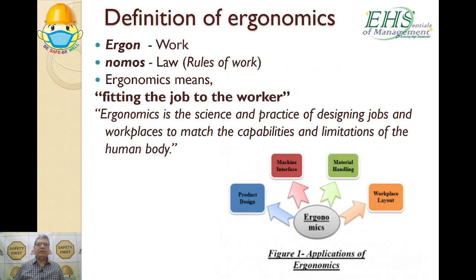So we have seen the definition of ergonomics. Ergon means work, nomos means law or rules of work. So ergonomics means fitting the job to the worker. In very simple words, you are not fitting the worker to the job, but you are fitting the job to the worker. Ergonomics is the science and practice of designing jobs and workplaces to match the capabilities and limitations of the human body.